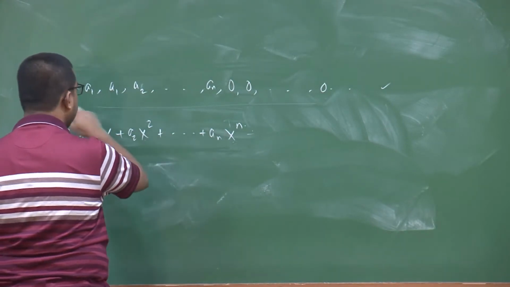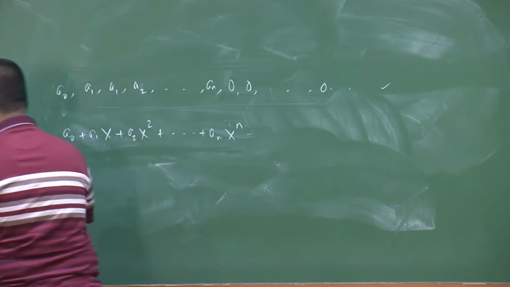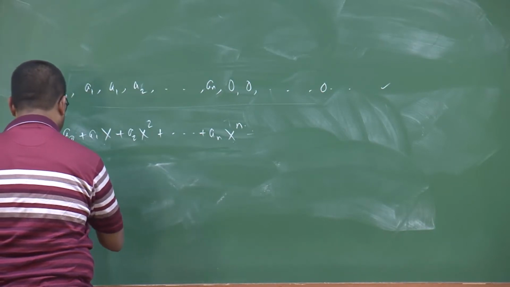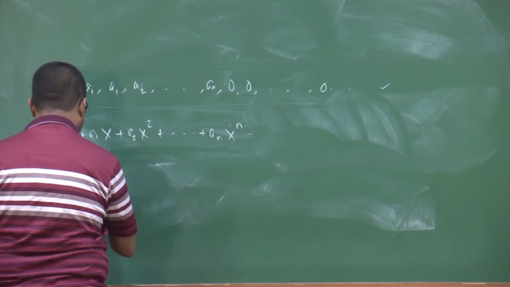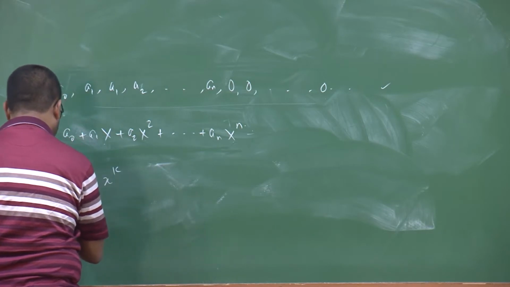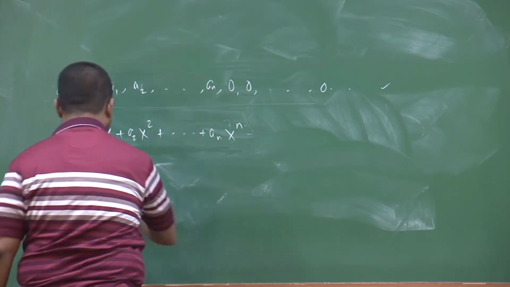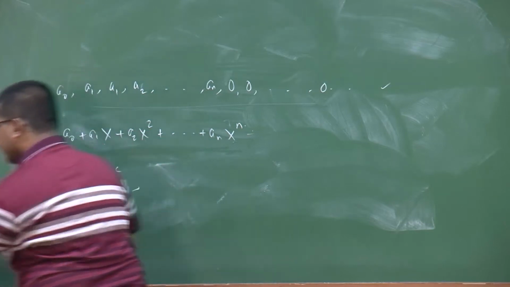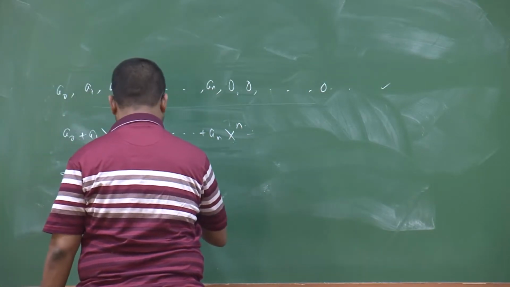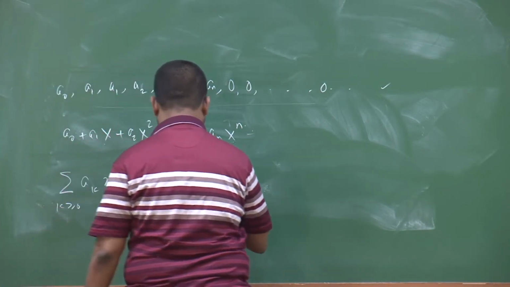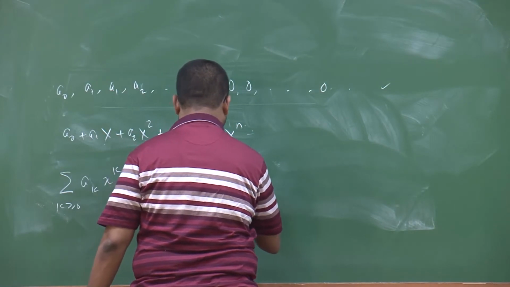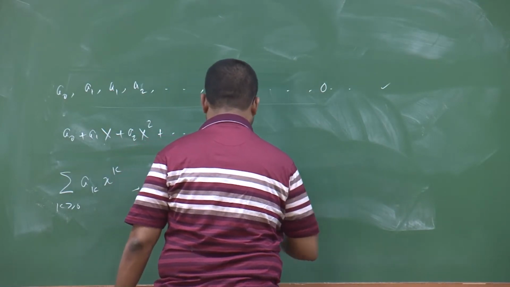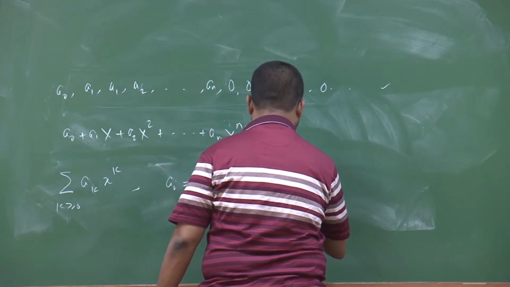Whenever a polynomial is given, we will write it as the sum of a k x to the power k, where k is greater or equal to 0, with the convention that a i is 0 for all but finitely many i's.